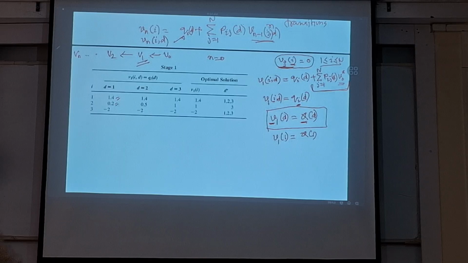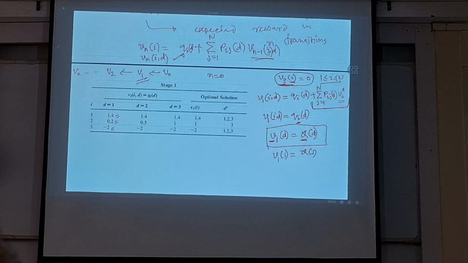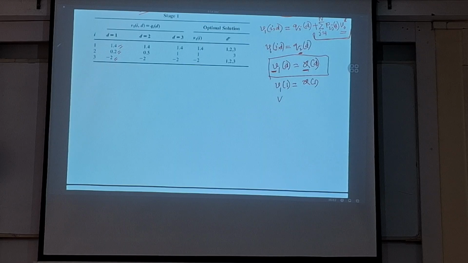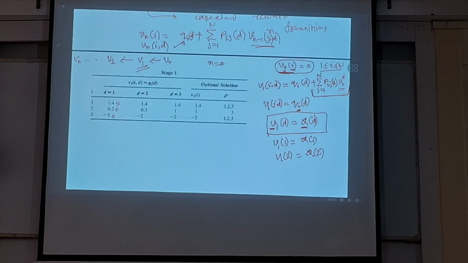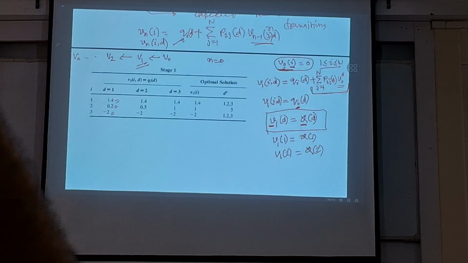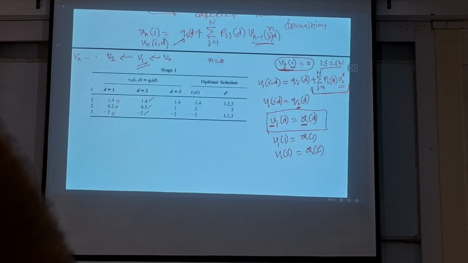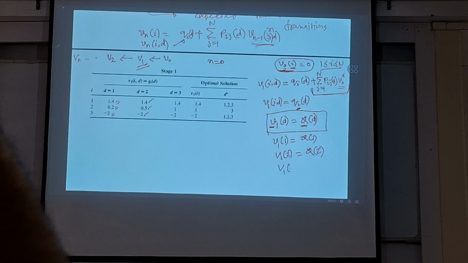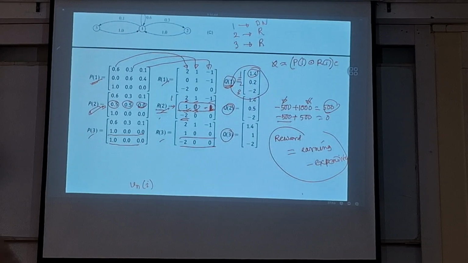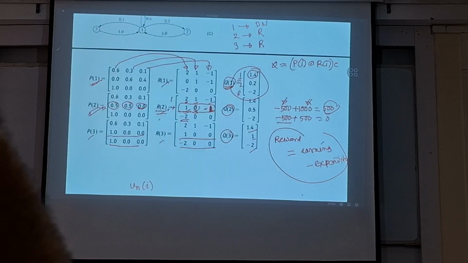But then, if we want to write V1 for policy 2, it will be Q2. What is Q2? 1.4, 0.5 minus. And V1 for policy 3 will be equal to Q3. What is Q3? Here, 1.4, 1 minus.